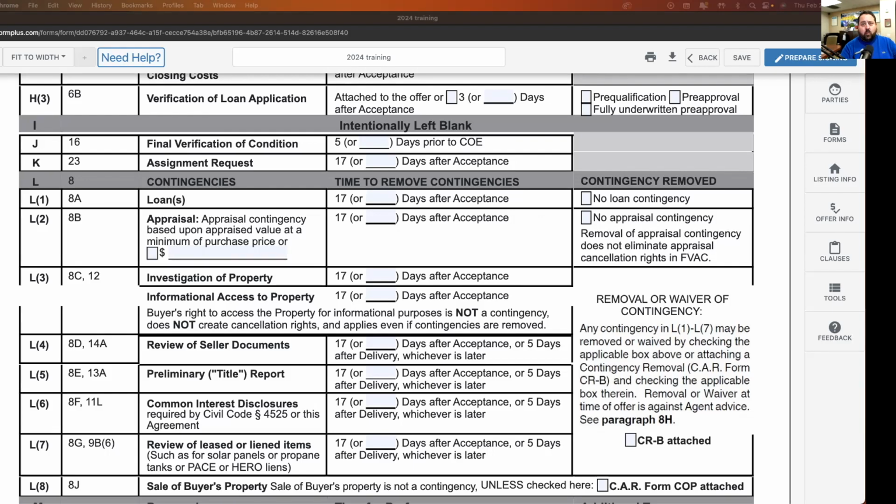Now, one thing is for sure, if you're going to rely on your lender to tell you, yeah, it's okay to remove the contingencies, probably not going to happen. Most lenders will not agree to take responsibility for you saying, I'm removing my contingency, okay? So think about where you're at, right?